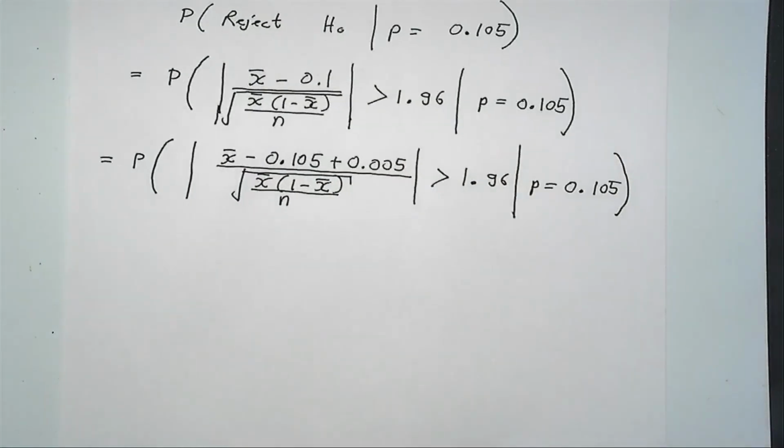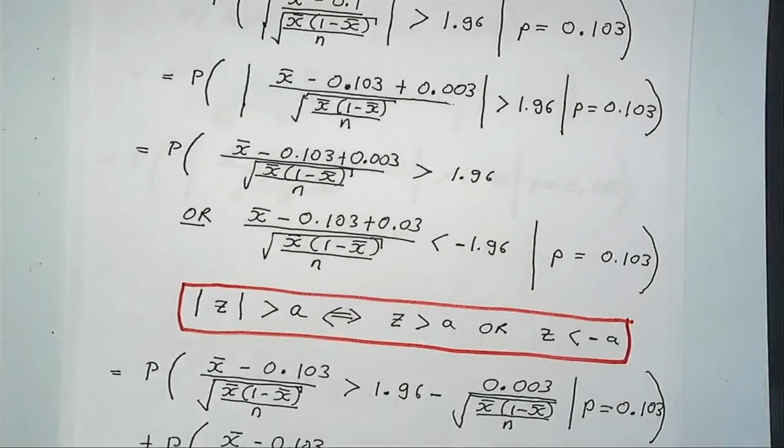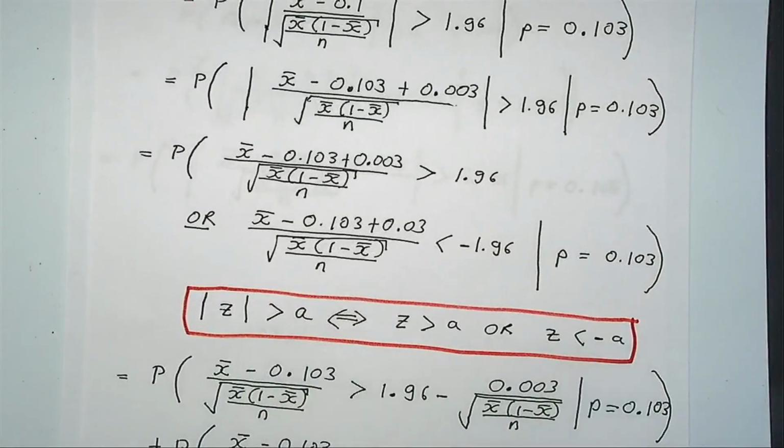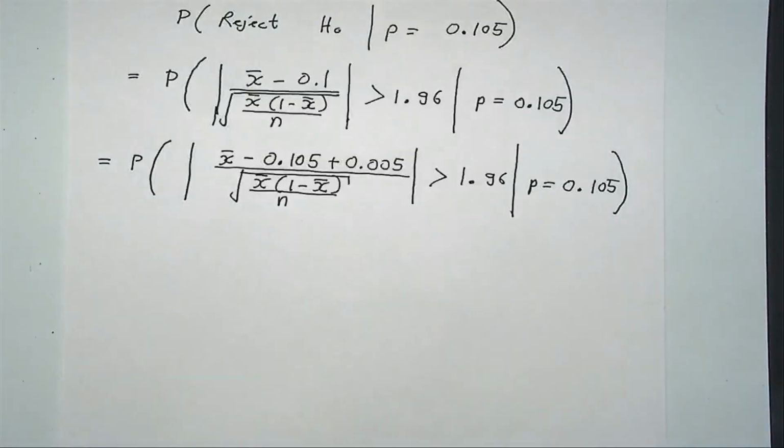Alright, the next thing is I'm going to get rid of the absolute sign, and for that I used the rule that I mentioned earlier, which is this rule here, right? Okay, so this is what you will get.